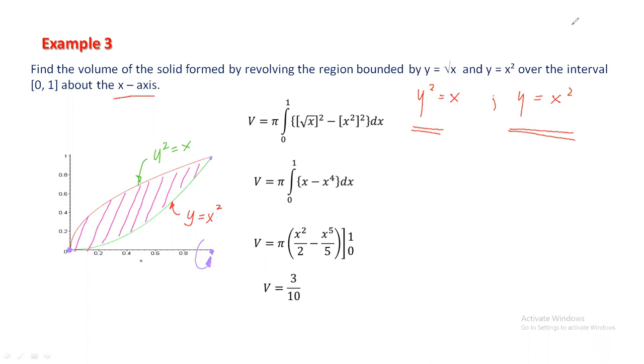Vertical or horizontal, in terms of the required condition that the cross-section should be perpendicular to the axis of rotation. So what then should be the orientation of your differential area? Vertical or horizontal?